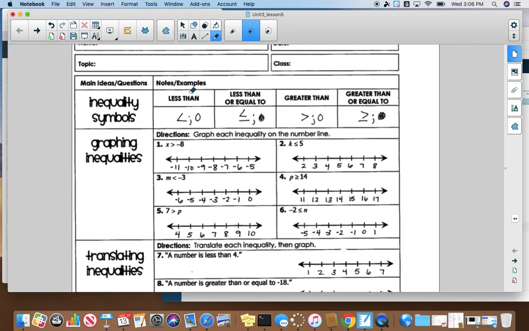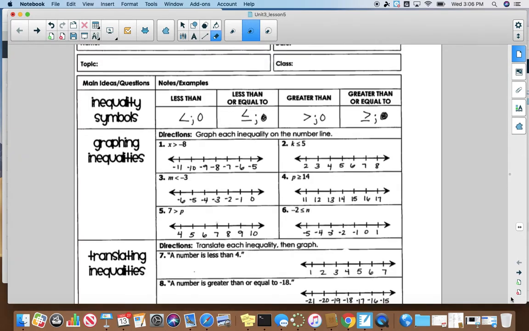All right, so when we graph inequalities on a number line, what we need to do is first make sure that our variable is listed first. You'll notice on numbers 1, 2, 3, 4, our variables are all listed first. If our variables are not listed first, like on 5 and 6, we need to rearrange it.